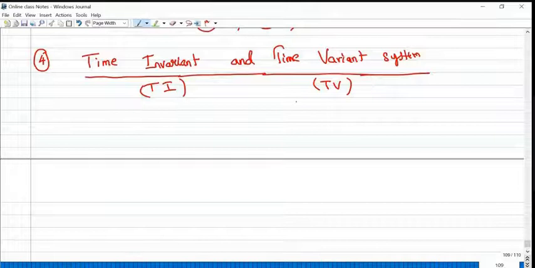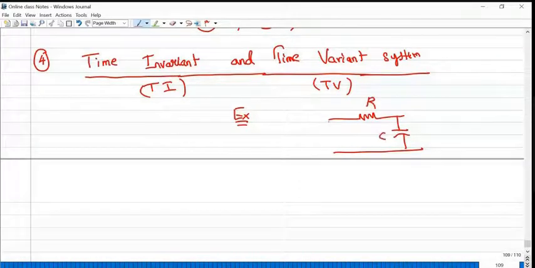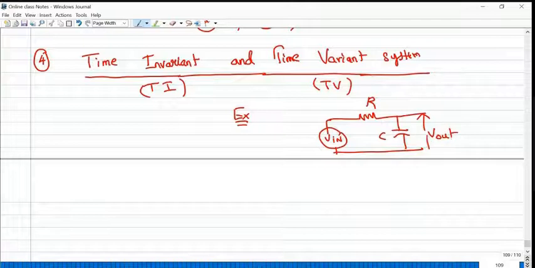Okay. So as a practical example, suppose we have an RC circuit. Here is the input source. Let us assume here we are measuring the output. So in this example, this is x of t and this one is y of t.